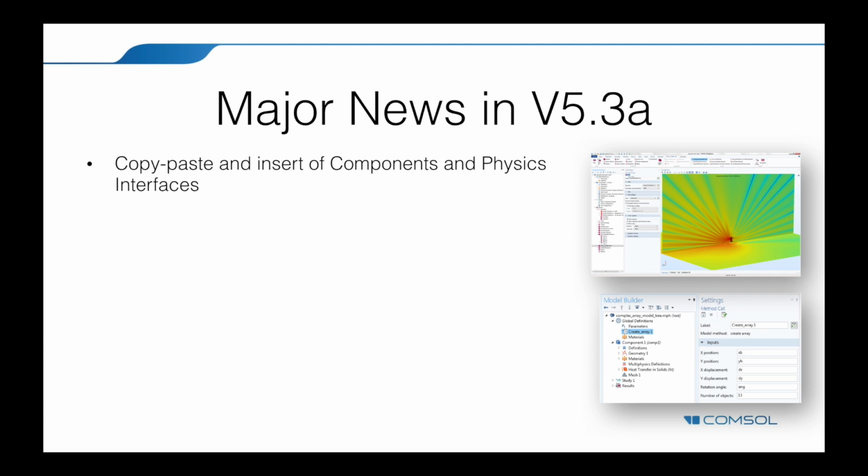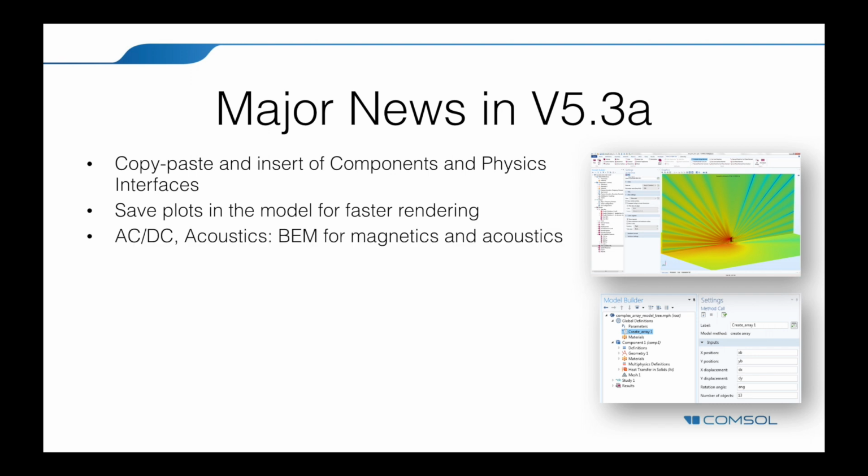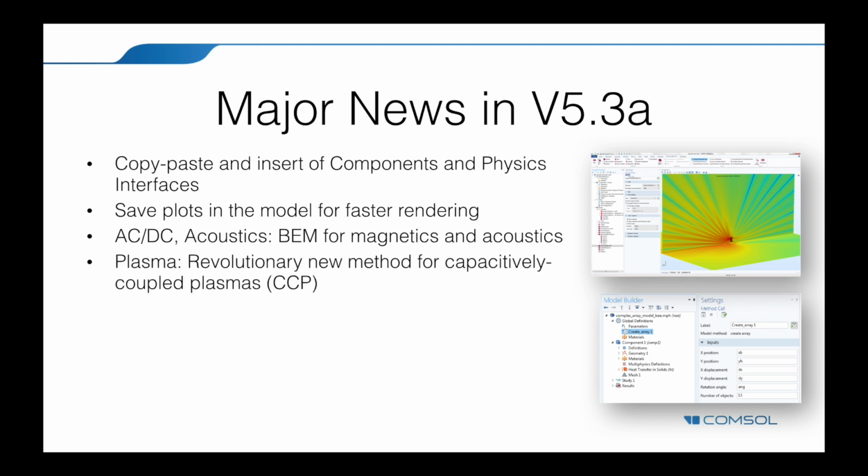Some of the news include copy-paste and insert of components and physics interfaces, and save plots. You can save plots in the model for faster rendering when you open a model with plots that take time to render. We have extended the boundary element functionality that was previously available for corrosion and electrostatics into magnetostatics and acoustics. There's a new revolutionary method for so-called capacitively-coupled plasmas.